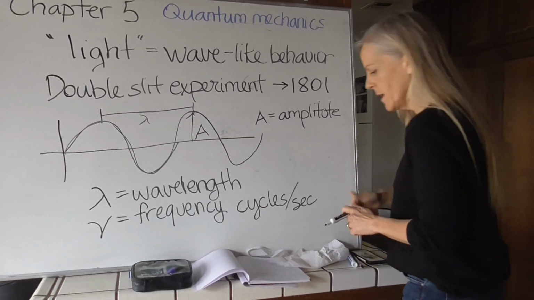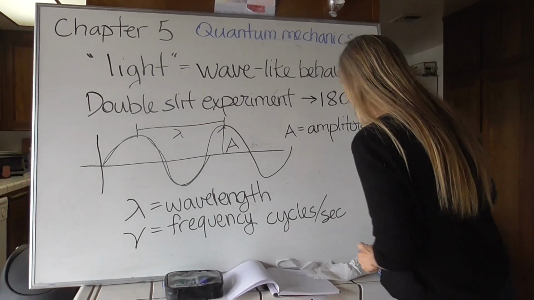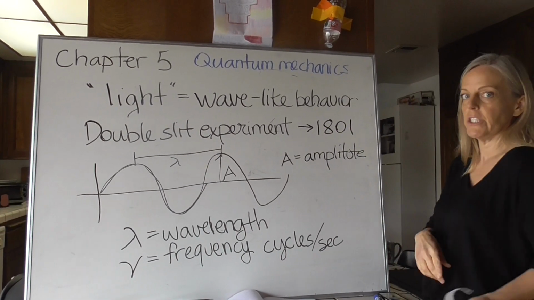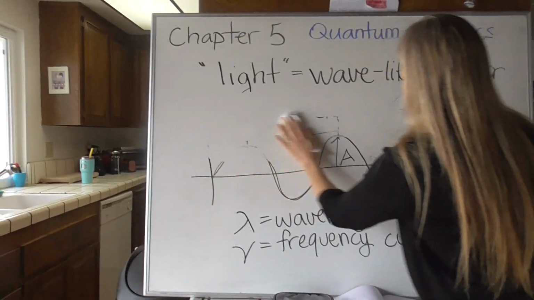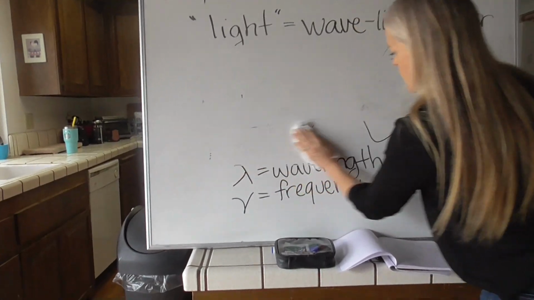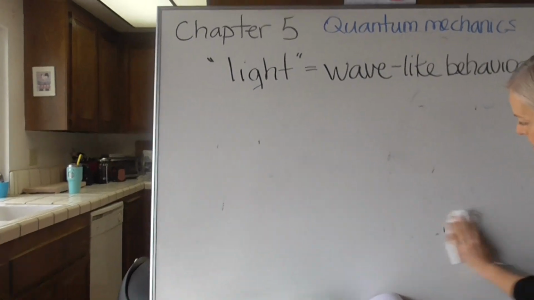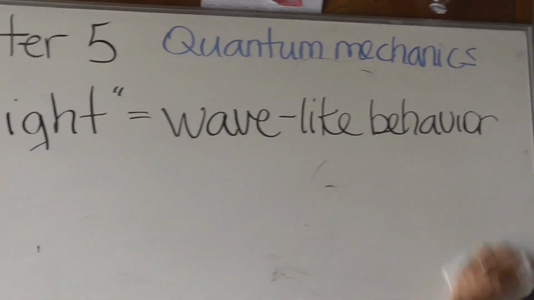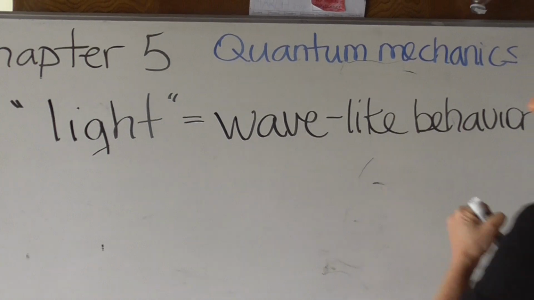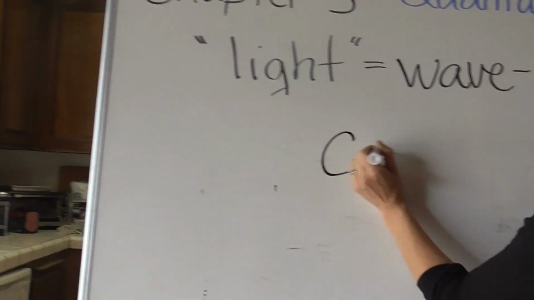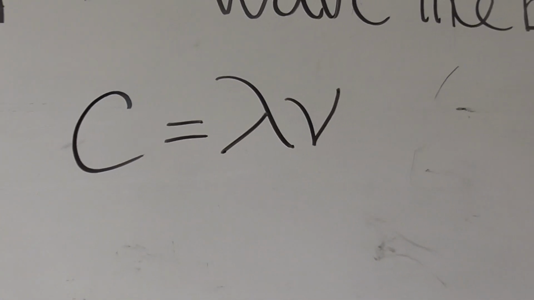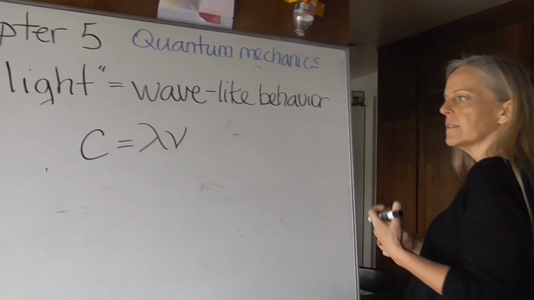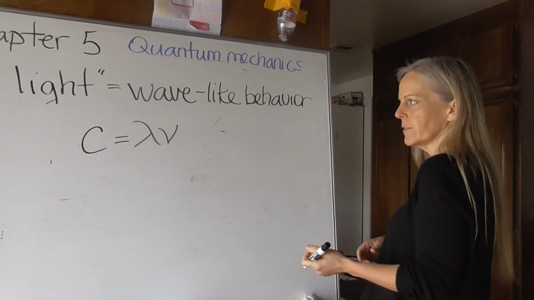So it has this wave-like behavior, and the way we can see the relationship between that wave-like behavior is that we can relate them through this equation. So this kind of gets back to the electromagnetic spectrum.